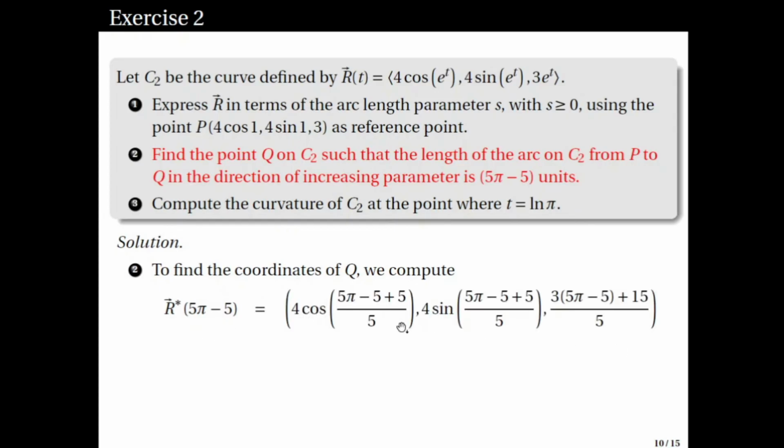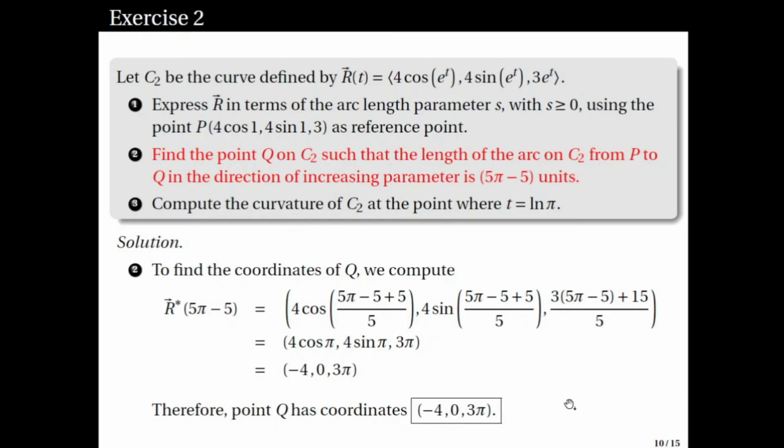So this is just a direct substitution, and you have this one. Simplifying this, you'll get 4 cosine pi, 4 sine pi, and this is just 3 pi. But 4 cosine pi is negative 4, 4 sine pi is 0, and the third coordinate is 3 pi. So therefore, point Q has coordinates negative 4, 0, and 3 pi.